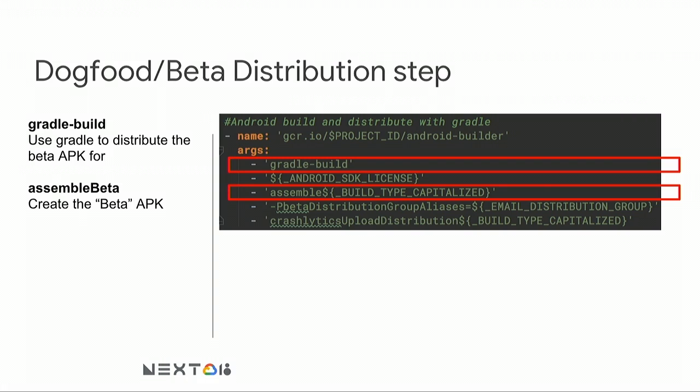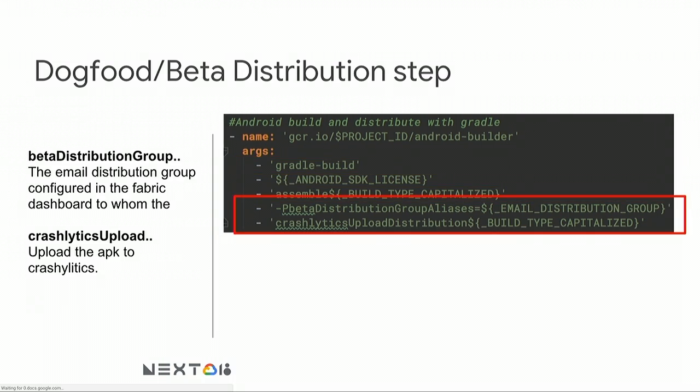The other things you see here are substitutions. So the build type is the beta build type in this case, and the email distribution group is the set of folks in Fabric where I want to email the build to, and the upload distribution build type is the thing that actually uploads the APK to Fabric or Crashlytics.